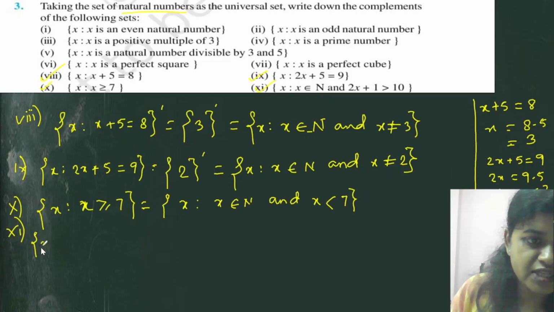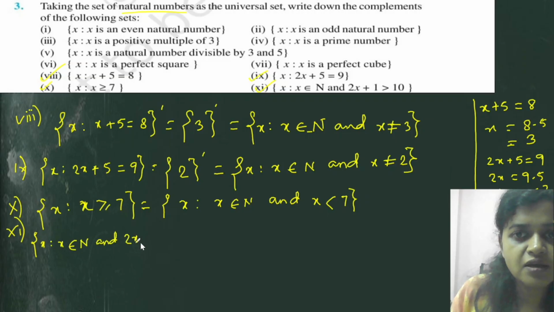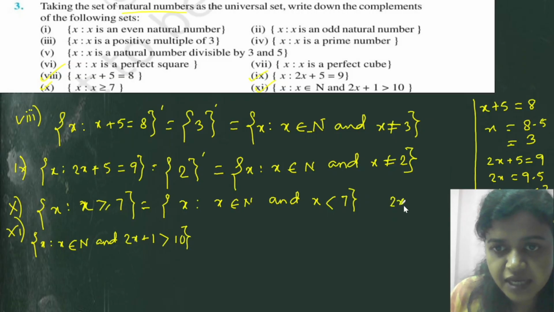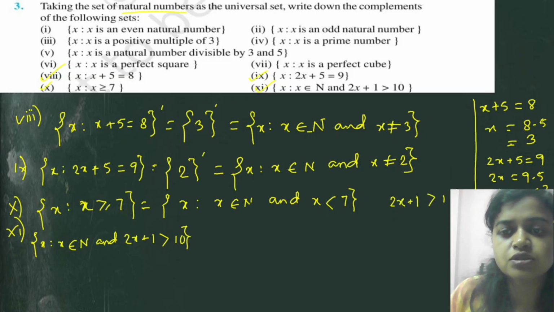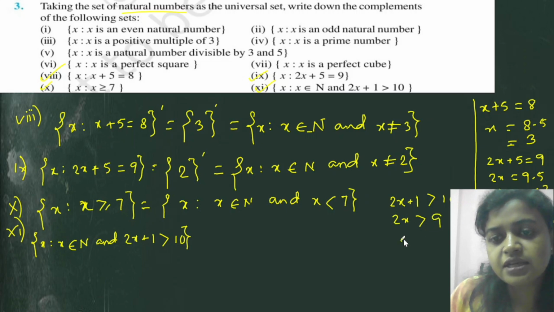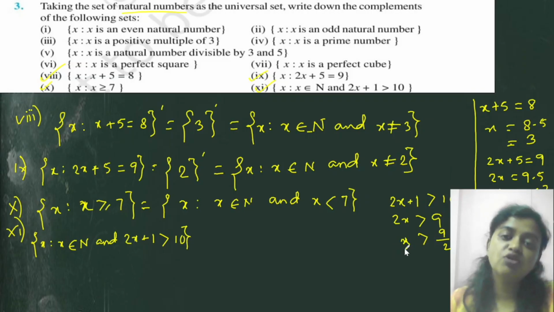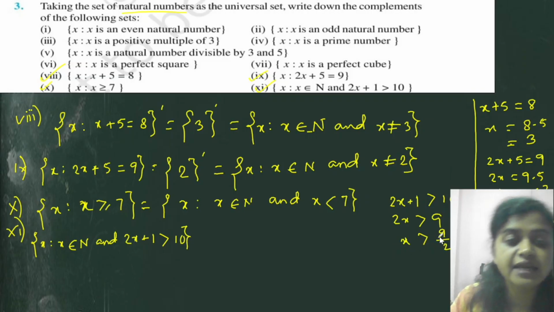Next, 11. This is the last question from question number 3. The question is x such that x belongs to natural numbers and 2x plus 1 is greater than 10. If we solve this inequality, 2x is greater than 9, so x is greater than 9 by 2.